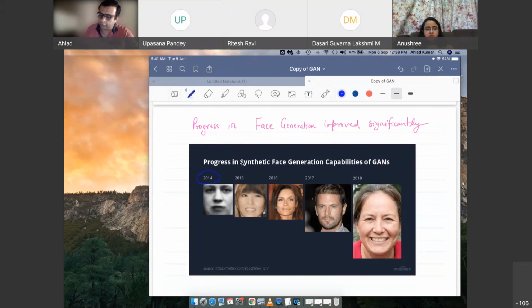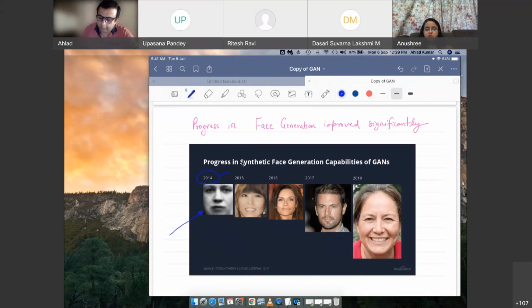People are trying to improve it, and this slide shows the time span of 2014 to 2018. In 2014, when the paper came out by Ian Goodfellow, who actually proposed this work, the images you were getting looked like this. It was a huge success at that time, but the quality of the images was not that good.